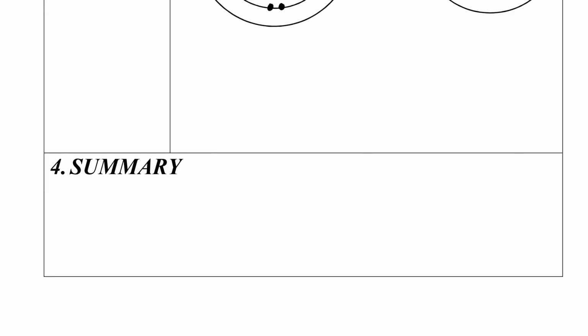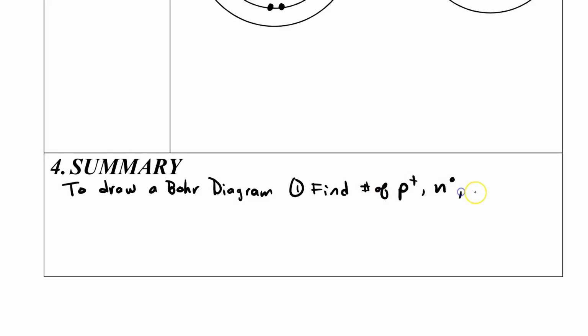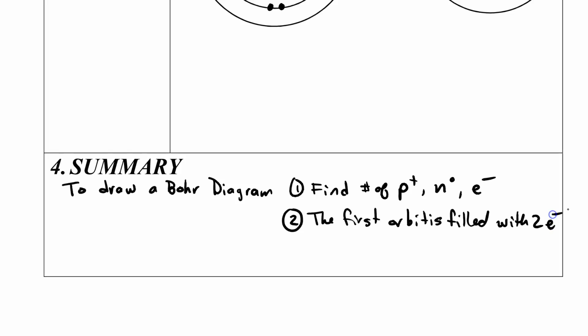So, to summarize, we can say that to draw a Bohr diagram: 1, find the number of protons, neutrons, and electrons. 2, the first orbit is filled with 2 electrons.